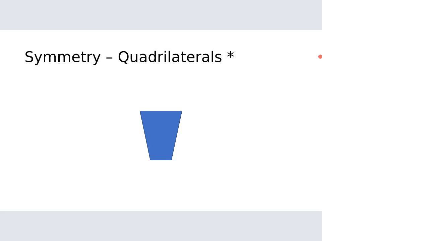Does this particular figure have vertical line symmetry, horizontal line symmetry, rotation symmetry, all of the above, or none of the above? Being able to identify the symmetries, that's the type of question you can expect to see on a quiz or an exam.